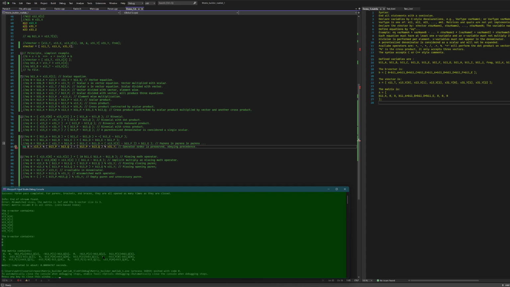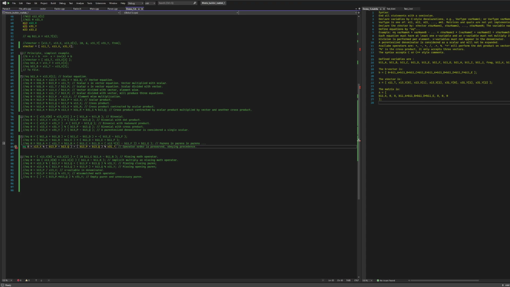So they are the same except for the minus sign, which is what happens when you flip the order of operations around the cross product. They're the same, but with a flipped minus sign. So the commutative rule is also obeyed in this compiler.